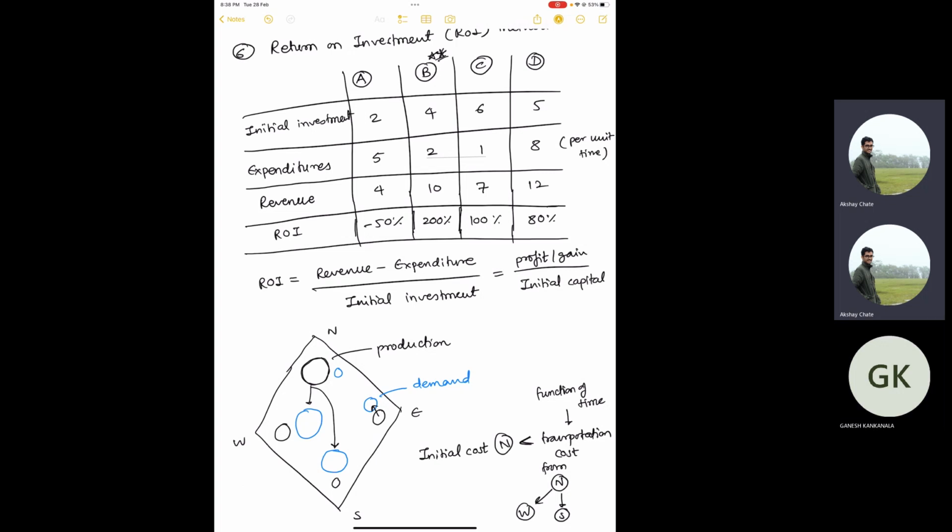See, one great example: sometimes you must have seen, if some people are working in a factory or somewhere, a bus will come in the morning to pick them up, and the bus will drop them in the evening. This bus service is not directly linked to their manufacturing, right? But it is essential for employees to reach the factory. So this will come under overhead cost.